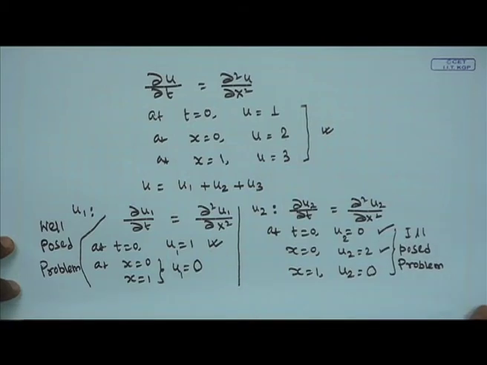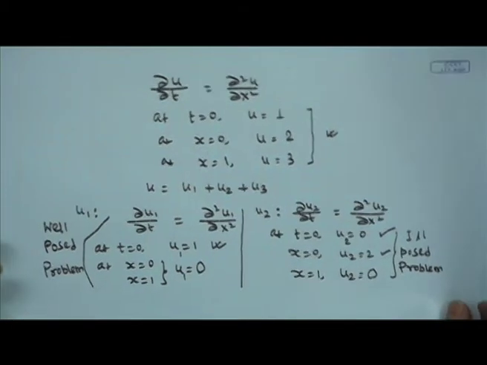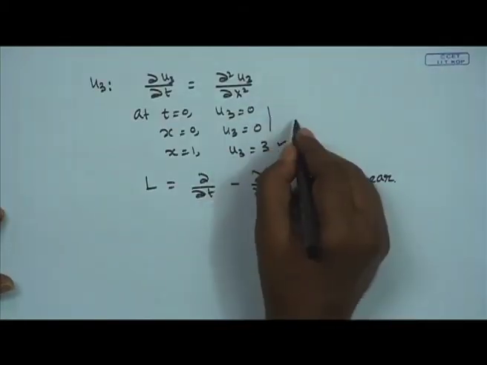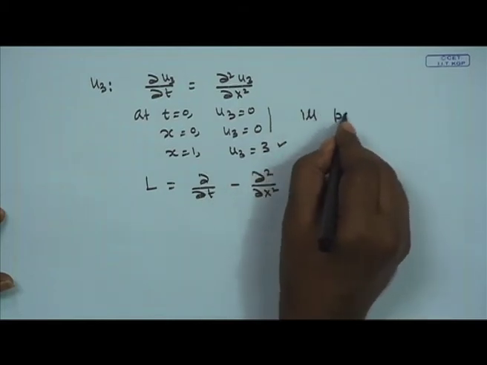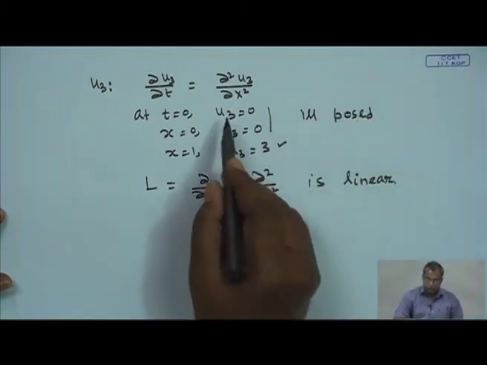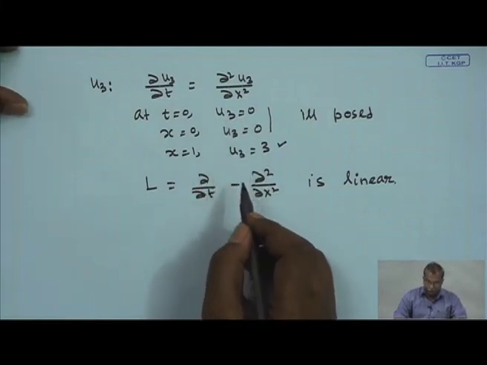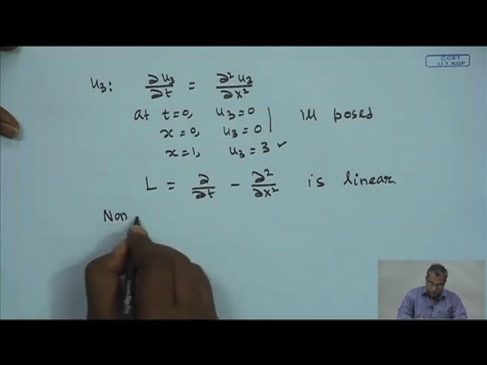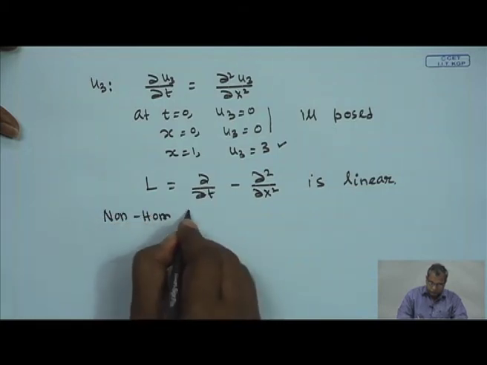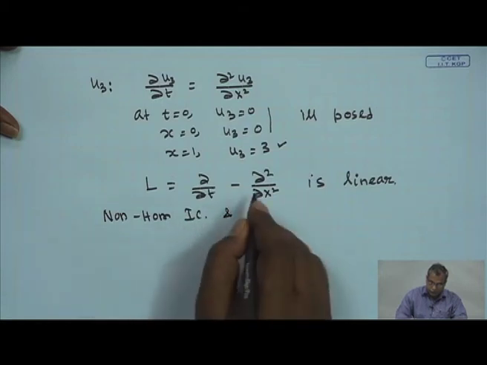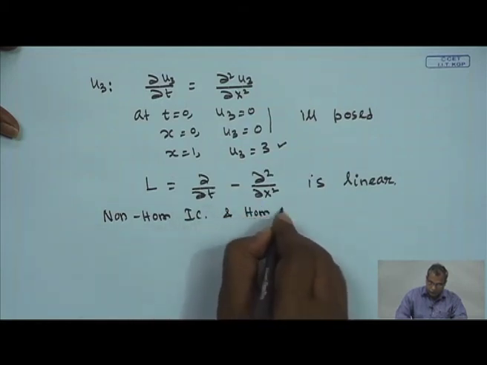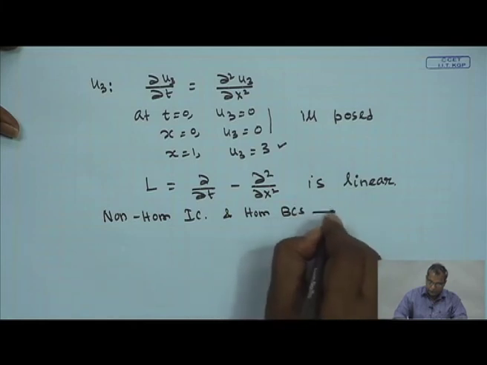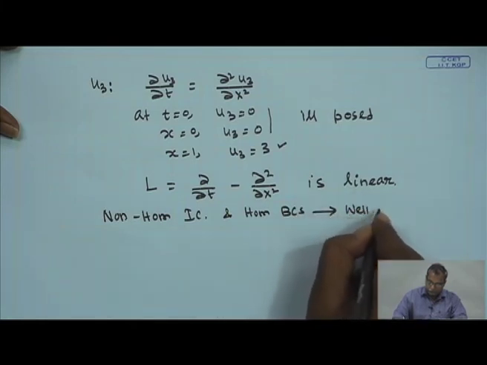Similarly, u3 is also an ill-posed problem because the initial condition is homogeneous. So a non-homogeneous initial condition with homogeneous boundary conditions is generally called a well-posed problem.